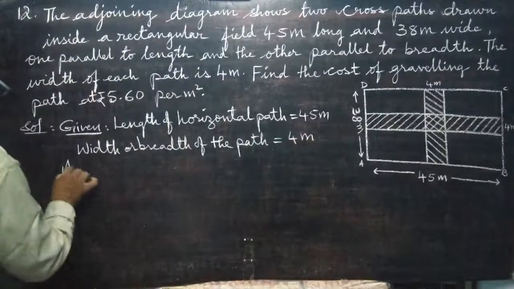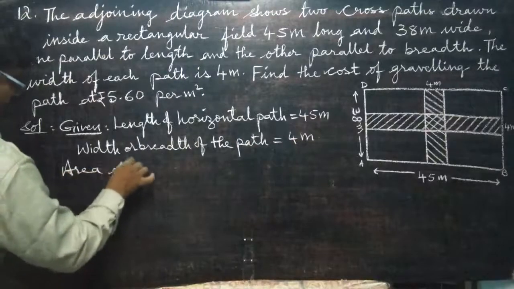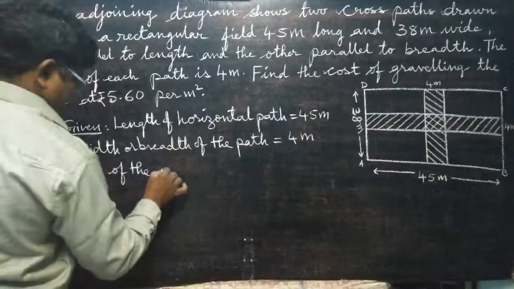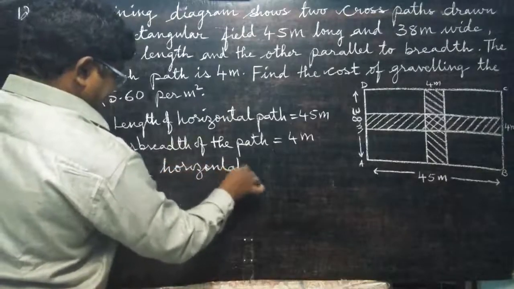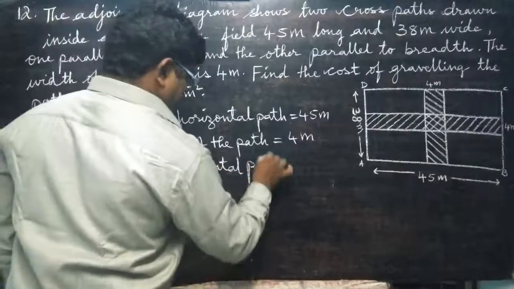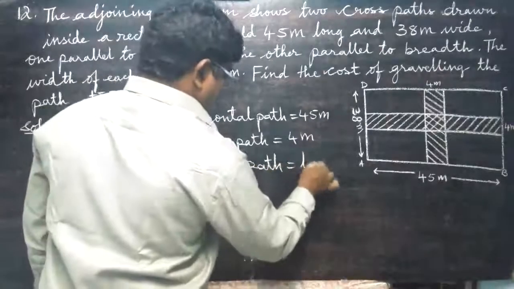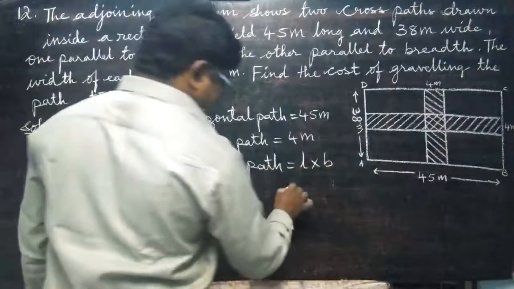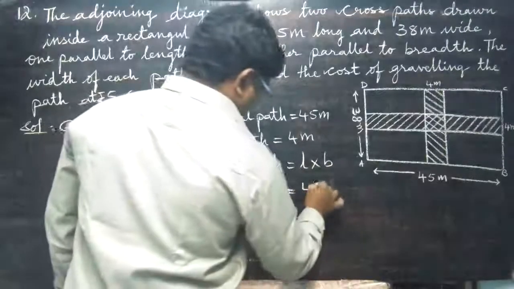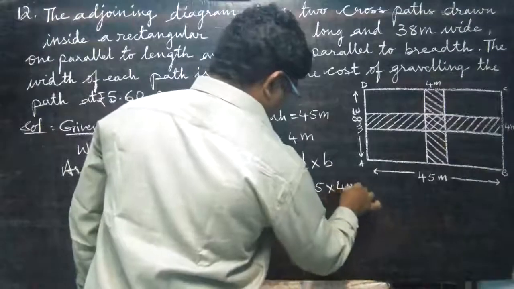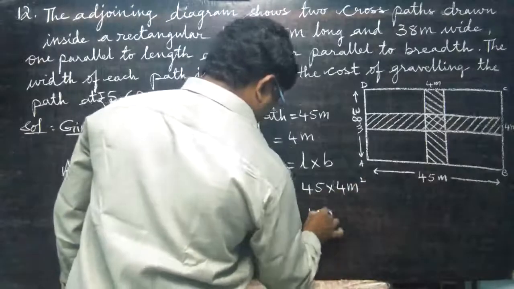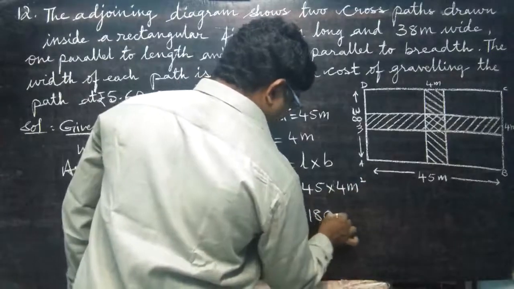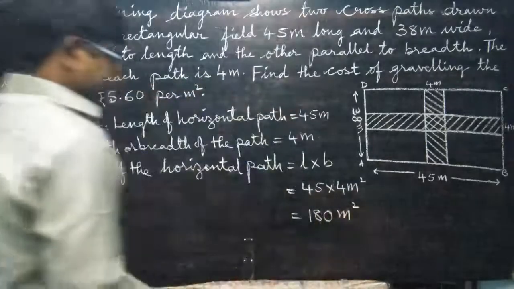Now area of the horizontal path is equal to, it is in rectangle shape, so length into breadth or length into width. 45 into 4 meters square. 5 4s are 20, 2, 16, 7, 18, 180 meters square.